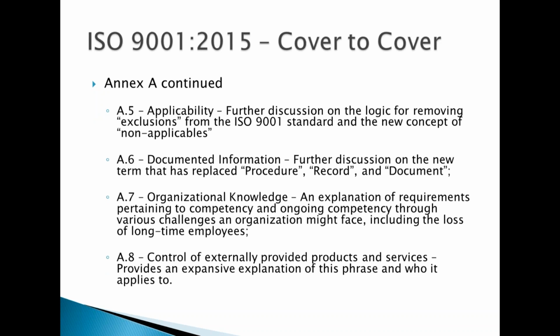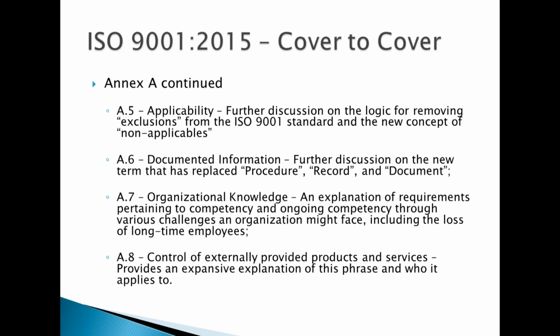In A6, we have what we looked at earlier, documented information and the whole idea of maintained and retained documented information. A7 is organizational knowledge, and we looked at this earlier, and it's kind of an explanation of what they're going for in terms of competency and ongoing competency, being ready for the loss of longtime employees and so forth.